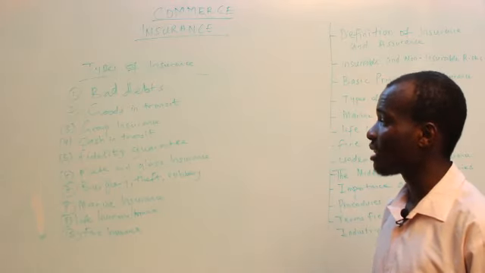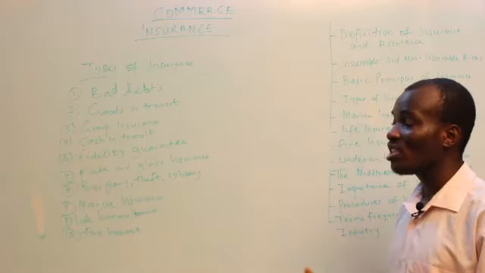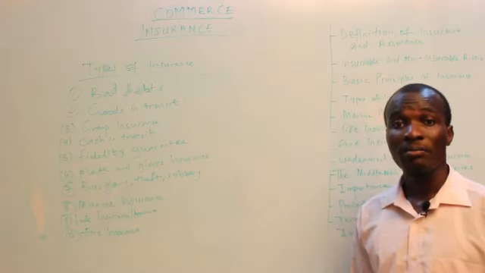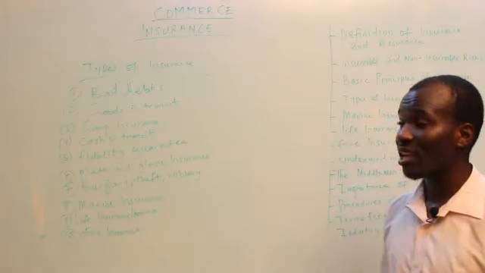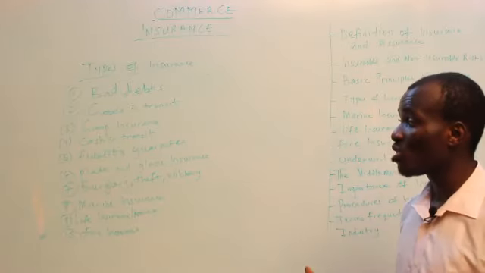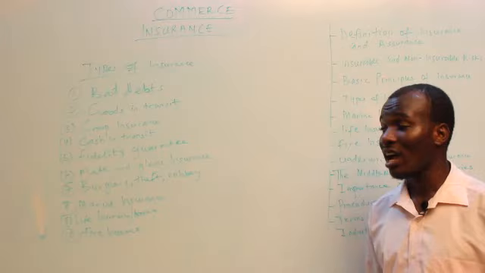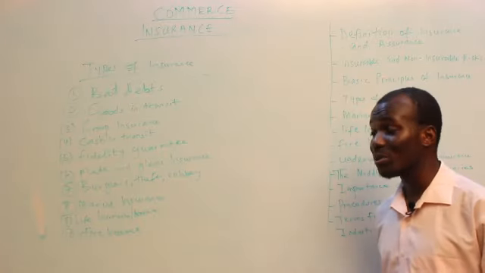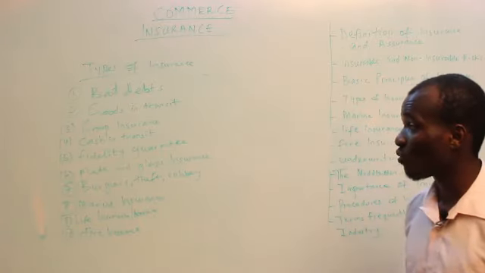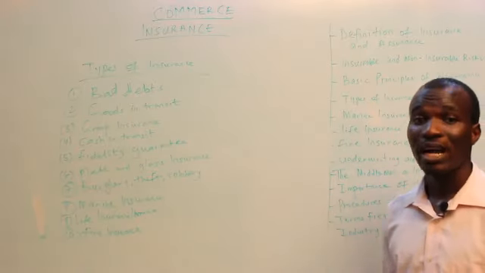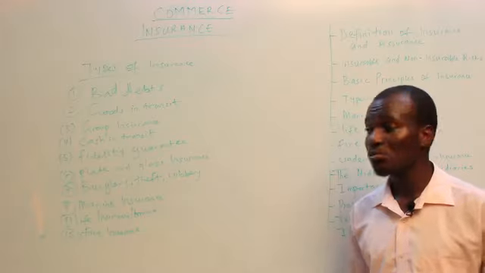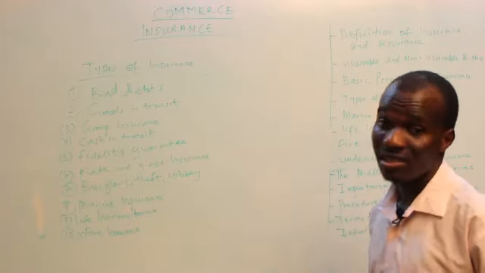The next is plate and glass insurance. Wow, interesting. This makes provision for all the plates, spoons, and cutleries you have at home, and also the glass you have at home. So you can make provision for losses that may arise against them. In advanced countries, people usually make provision against losses that may arise from plates, cutleries, spoons and also glasses.